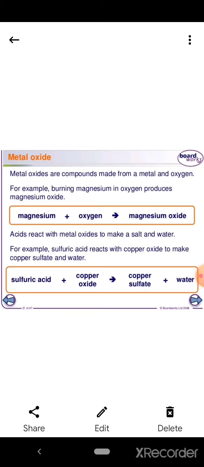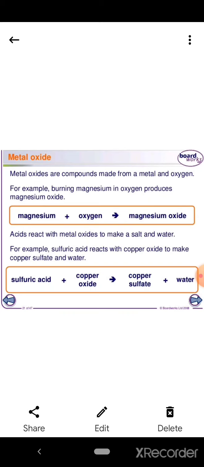Now see, for example, if we burn magnesium ribbon in presence of oxygen or in air, you have learned this. Then what happens when magnesium reacts with oxygen? You get the product as magnesium oxide. So this magnesium oxide is called a metal oxide.